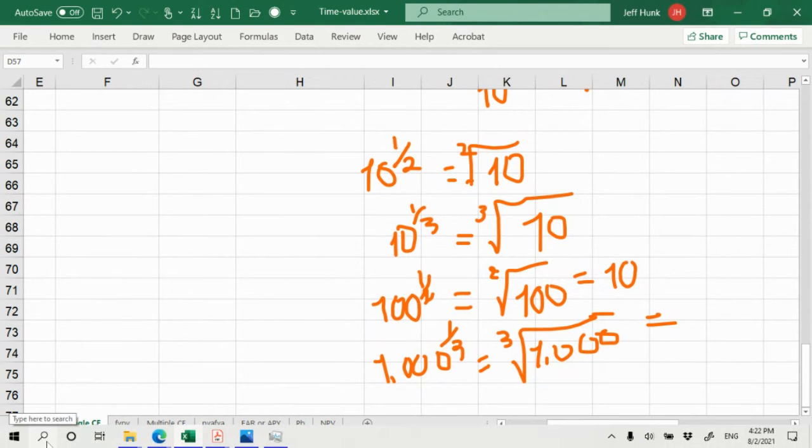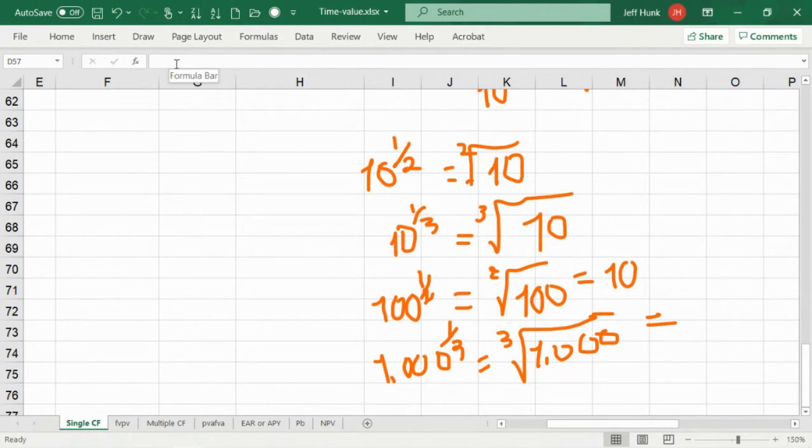Something raised to the third power. How do you get to 1,000? It's 10 times 10 times 10. Isn't that right? That's 10 to the third power. 10 cubed. That's 1,000.